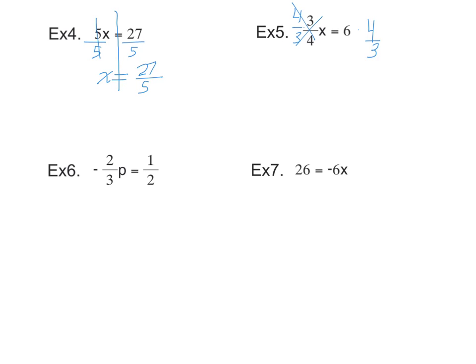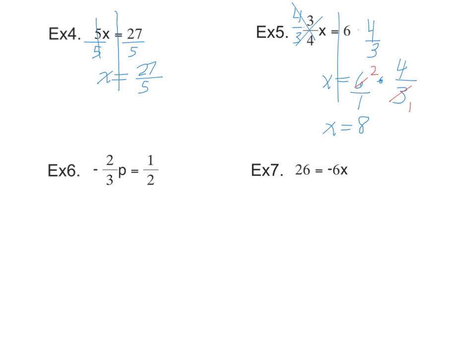Over here, everything goes away. But on the right-hand side, I now need to figure out what 6 times 4/3 equals. I'm going to do some reducing since 3 goes into 6 twice. That way I can multiply straight across the top and straight across the bottom to get 8/1, or just 8.